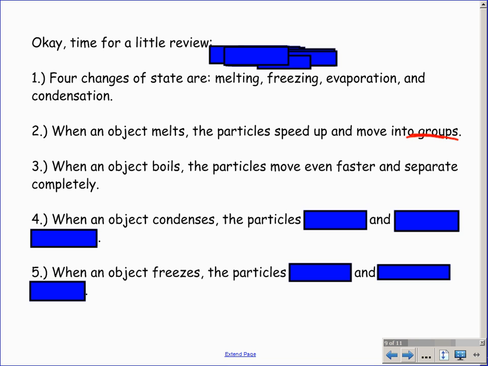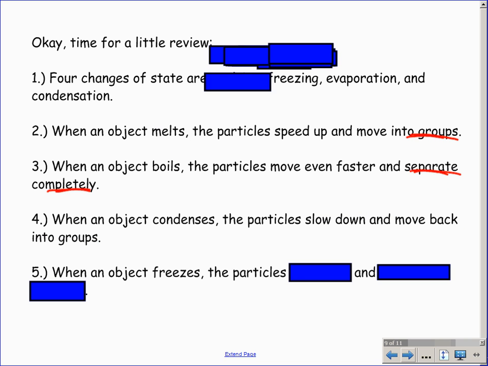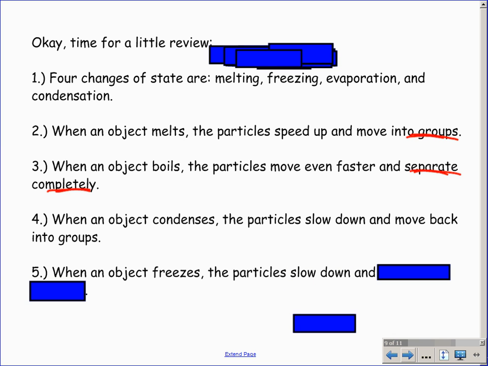And then when they turn into vapor gas, they separate freely. When an object condenses, the particles slow down and move back into their groups. And when an object freezes, the particles slow down and move close together again.